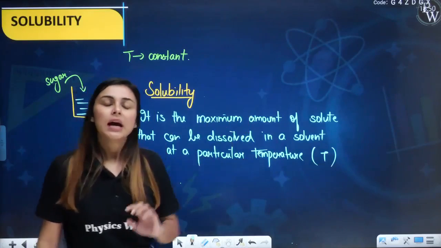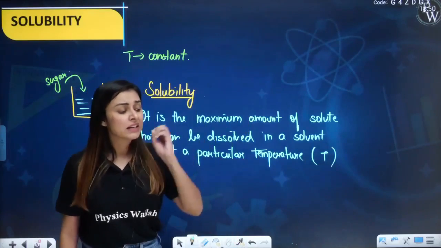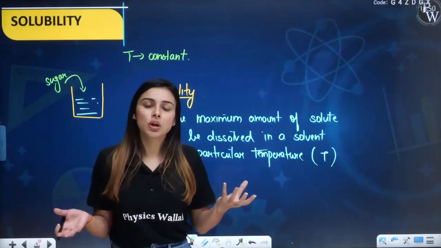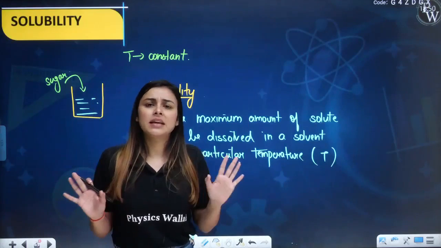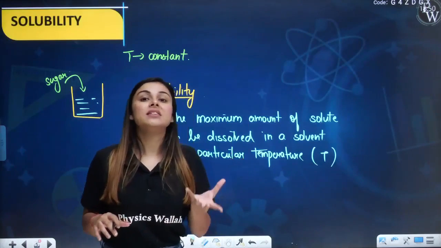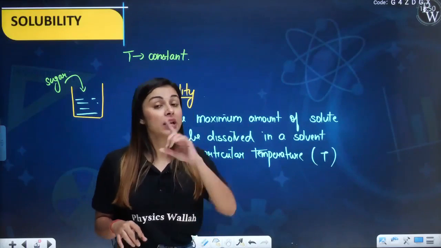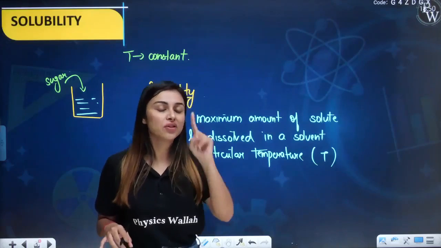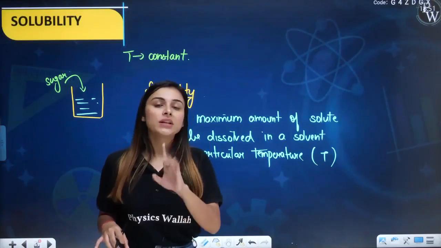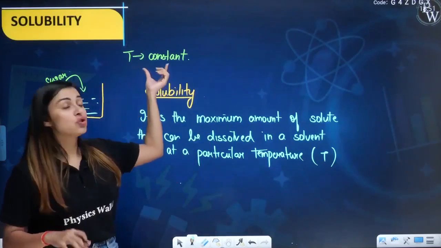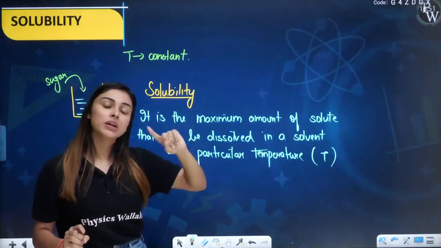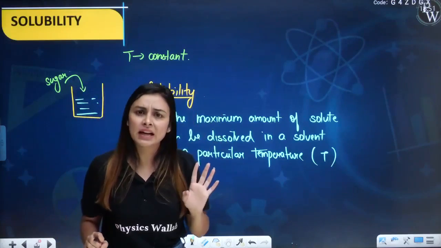Now imagine I want to add more sugar, but the solution is not allowing me, because it has come to its maximum limit. Now if I heat that solution and try to dissolve the sugar, it will dissolve. Here you are not keeping the temperature constant, you are increasing it, and on increasing the temperature, solubility has increased.